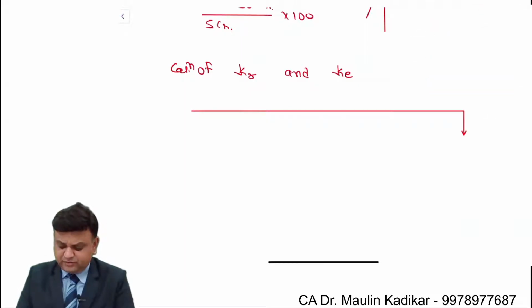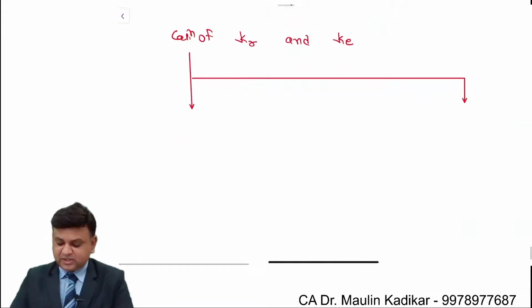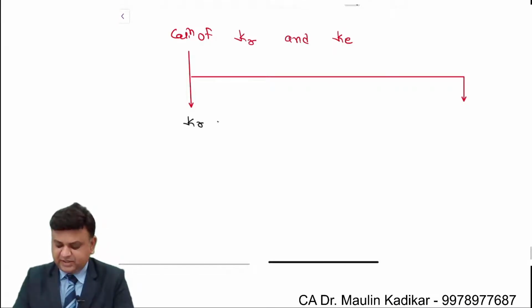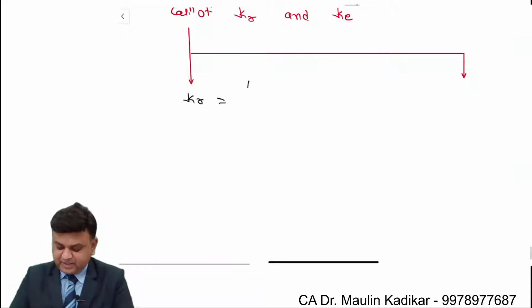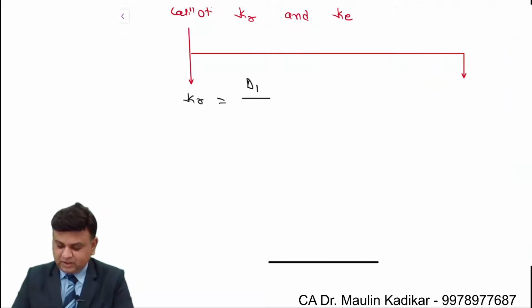And for calculation of the cost of new issue, we will take into account the new security price information given to us. So as far as the cost of retained earning is concerned, it is D1 divided by P0 plus growth rate.